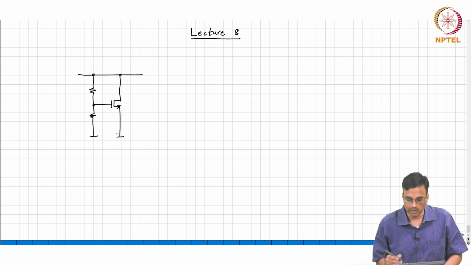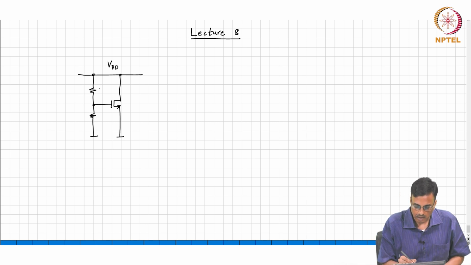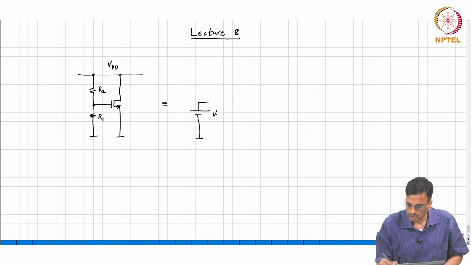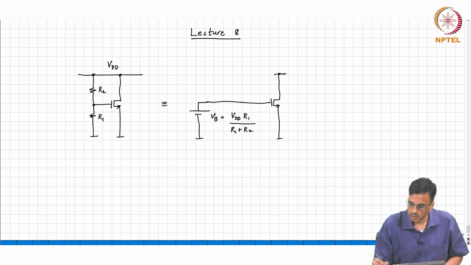If you assume that the VDD is sufficiently large, and this is R2 and this is R1, this is equivalent to taking a battery of voltage Vg, let me call that Vb, which is VDD times R1 over R1 plus R2, and connecting it to the gate like this, and of course, this goes to a sufficiently large VDD.